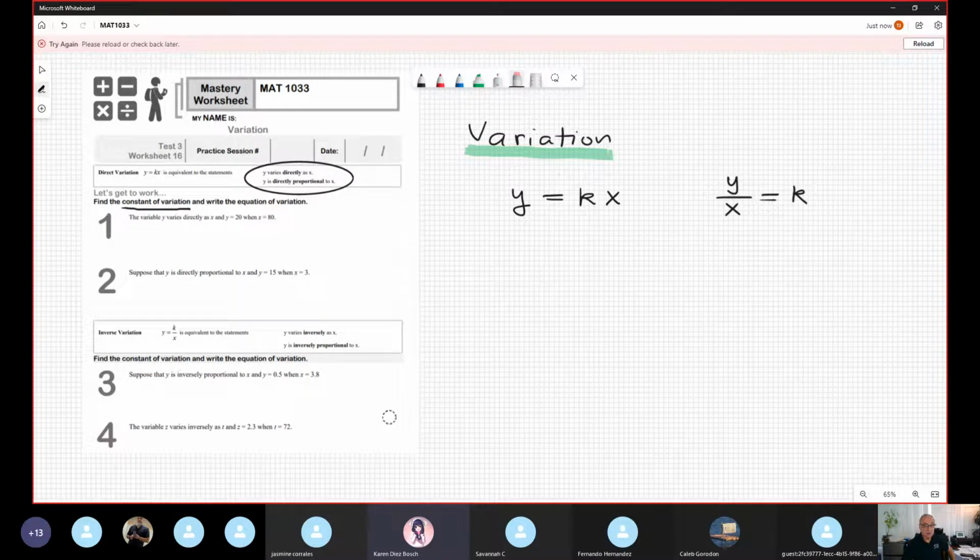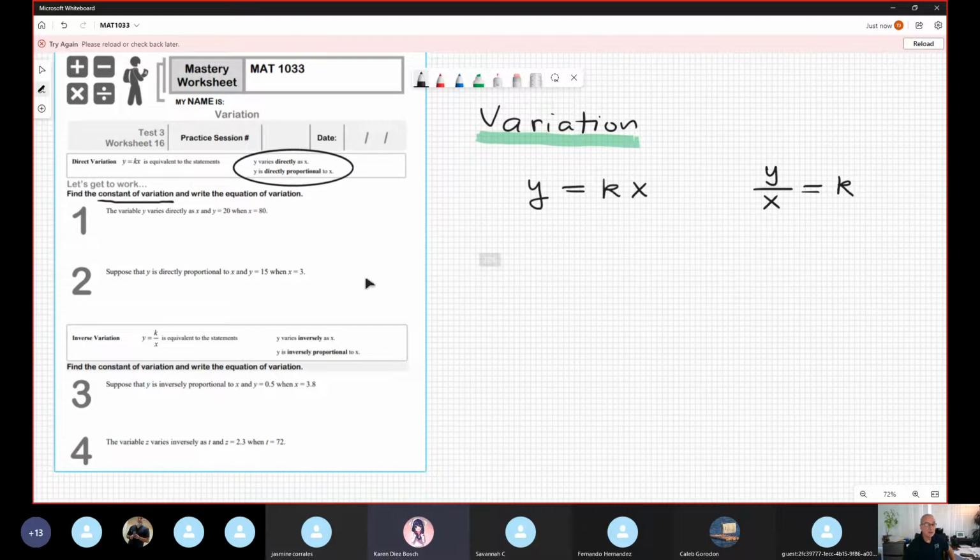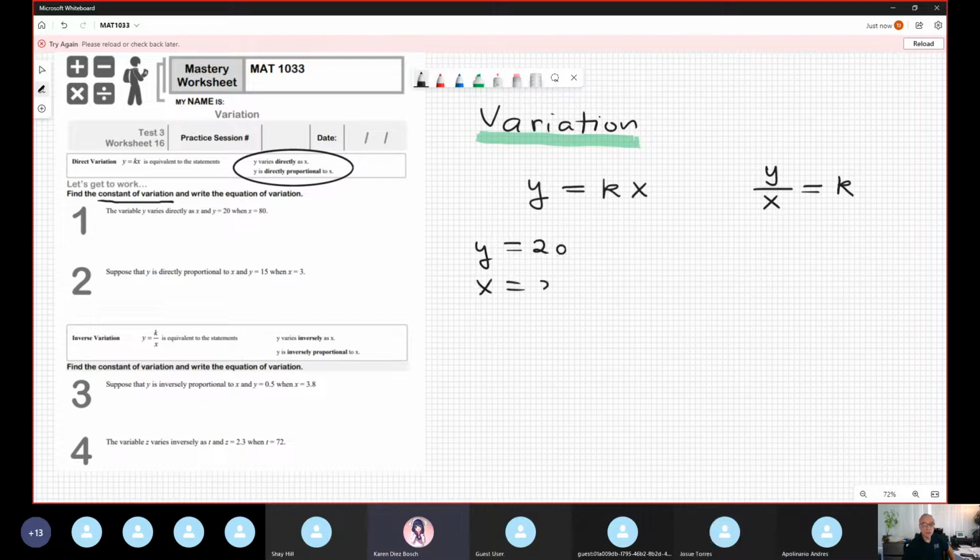Everyone understands that. In problem number one, the variable y varies directly as x, and y is 20 and x is 80. I need to find k, the constant of variation.